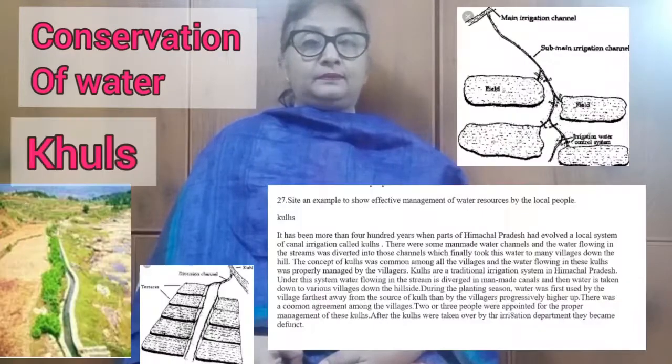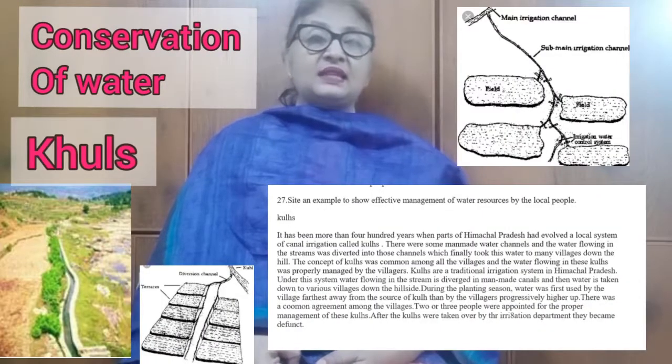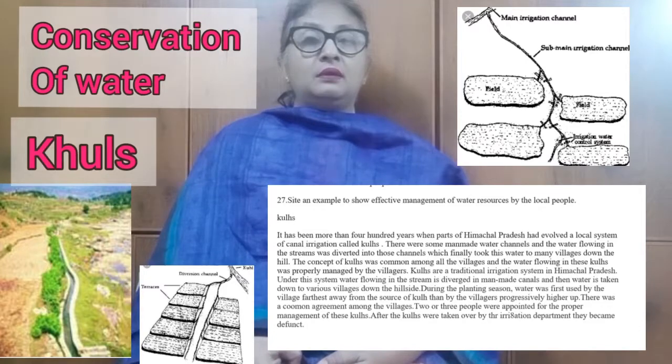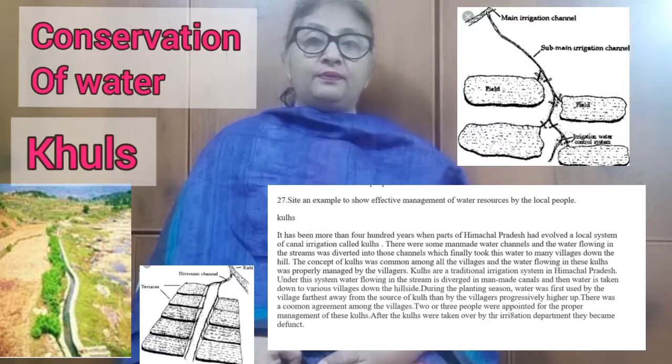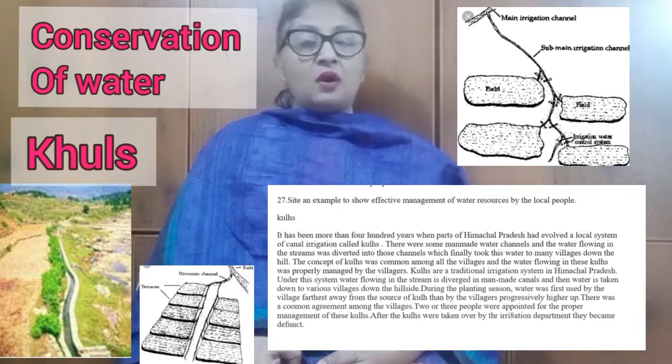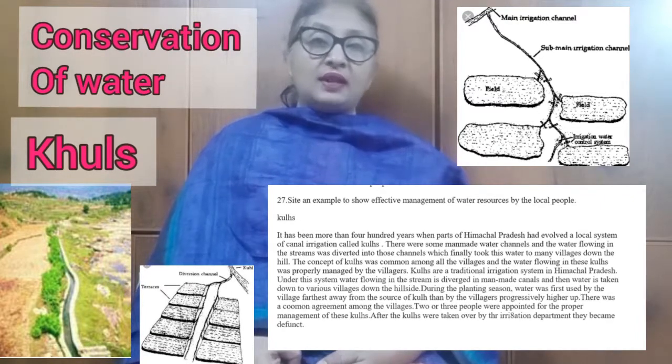Now let us look into the system of Khulls. Khulls is a system of irrigation found in Himachal Pradesh. It is almost a 400-year-old system.